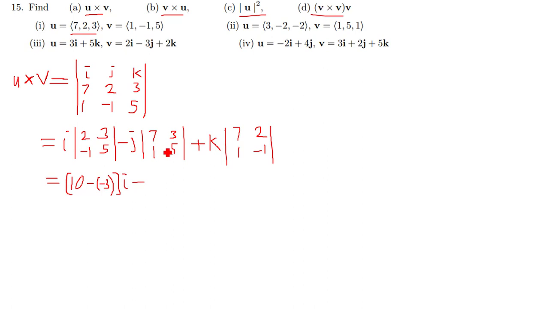Then we say minus j: 7 times 5 is 35, minus 3. So 35 minus 3, and this is j. And then we write our k there: 7 times negative 1 gives us negative 7. You can either write this before or after.